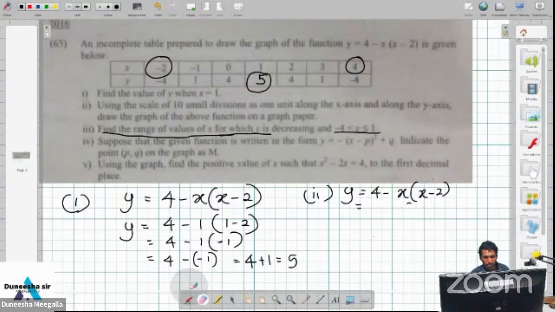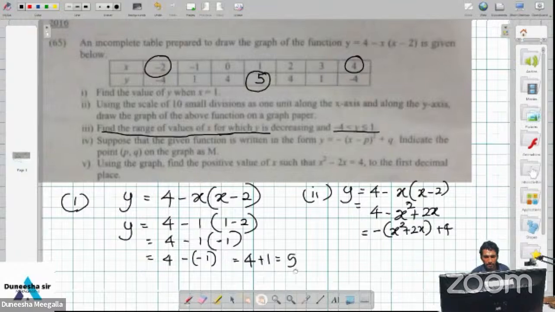Okay. 4 minus x square minus 2x plus, minus is plus. Okay. Minus x square plus 2x plus 4. Okay.